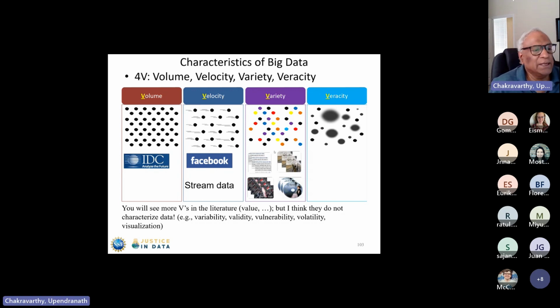Variety, as I was saying, you have audio, video, images that you need to deal with. Veracity is another aspect, which is the amount of trust or confidence you have in the information. This is also very important, because if you take data that is not trustworthy, your analysis results are also not trustworthy.